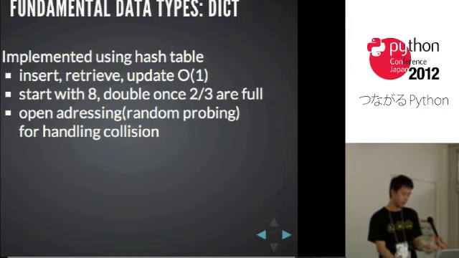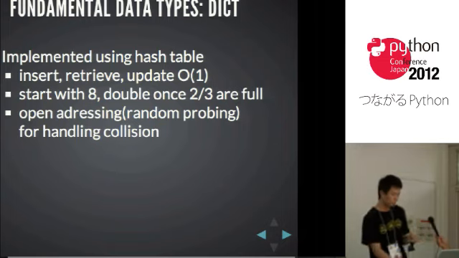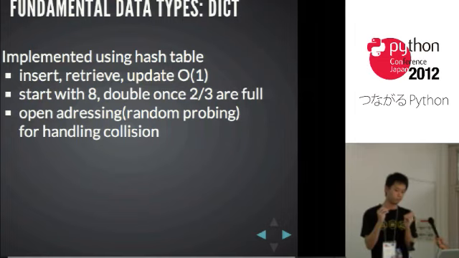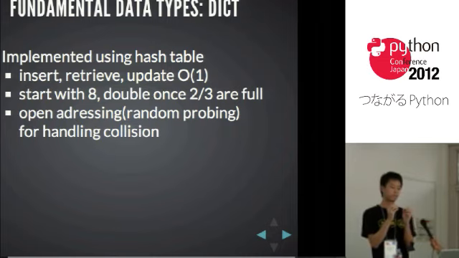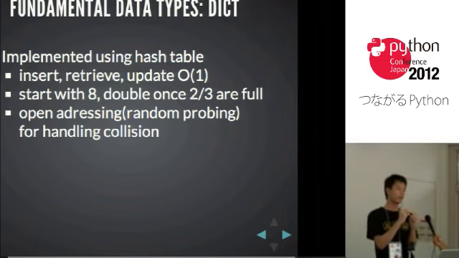Another technique is called open addressing, and basically instead of pushing to the end of the linked list, each element just holds one value. So if there's a collision, it will just go to the next empty slot in the array and put it there.